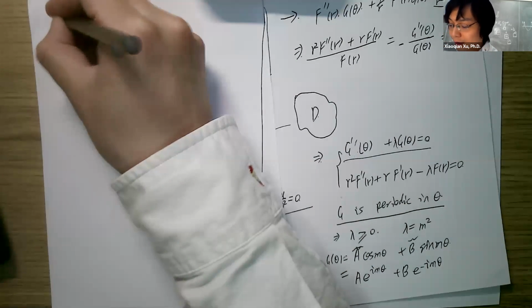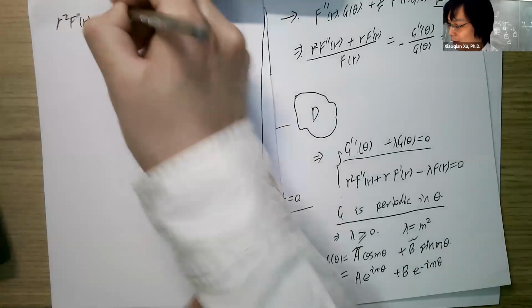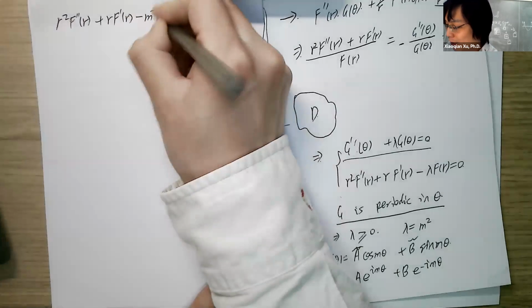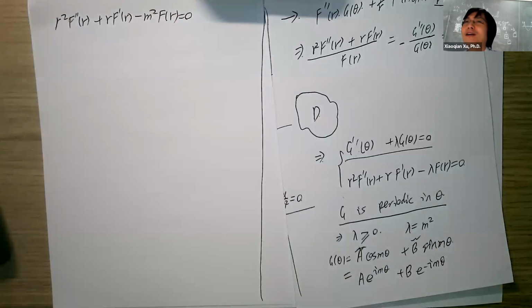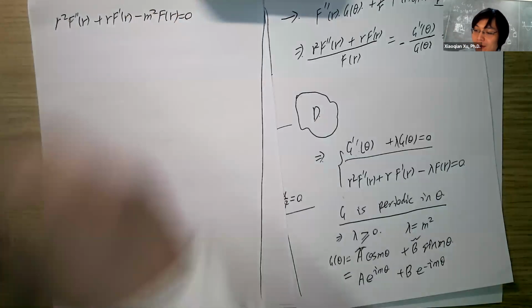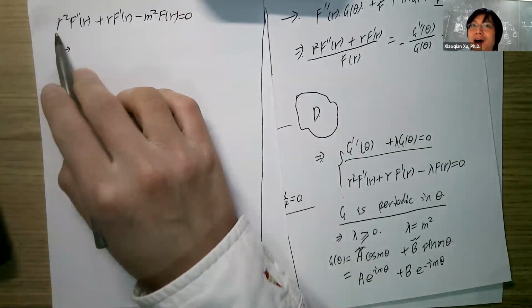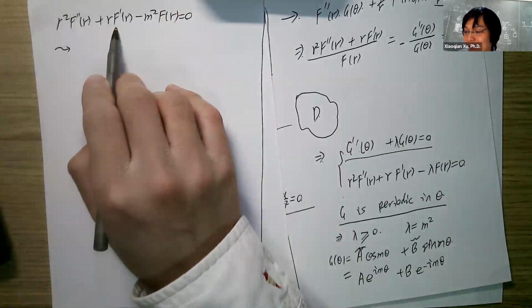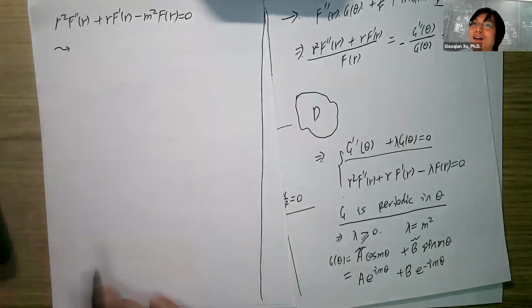You got r squared f double prime r plus r f prime r minus m squared f r equals 0. This ODE is still hard to solve. But this is a homework problem and it has a hint. If you take a derivative, you get one additional r here.